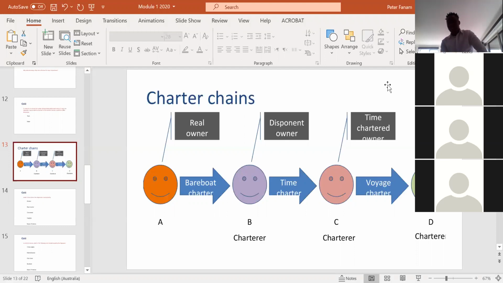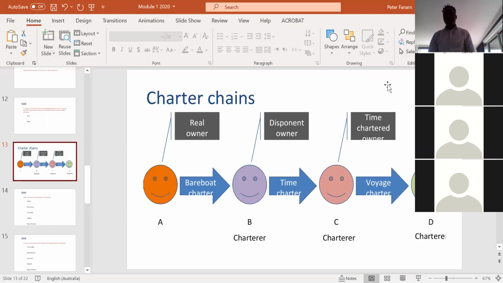He doesn't know the real owner, which is owner A. So C only knows B as an owner of the vessel. Therefore, B becomes what we call a disponent owner. He's not actually the real owner, but C doesn't know that, and C considers him as an owner. C is going to pay his hire money to B, and B will also be paying his hire money to A on a daily basis.